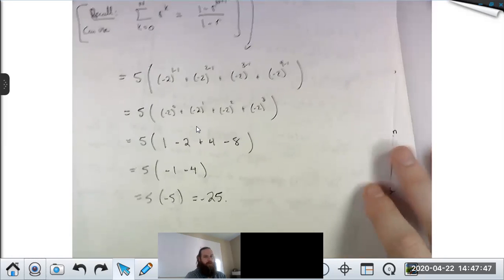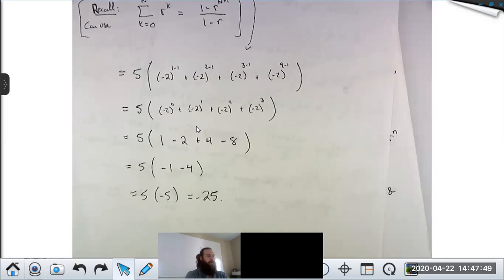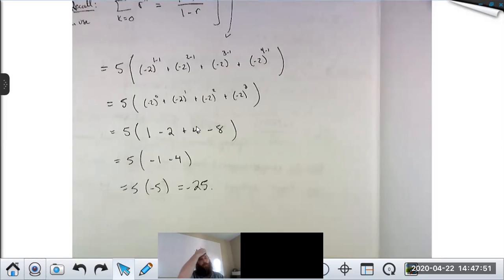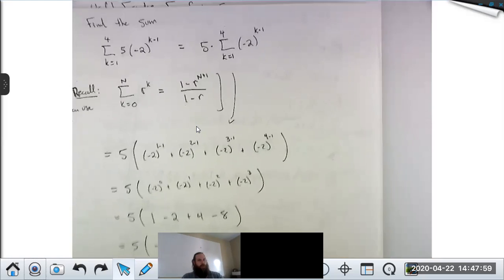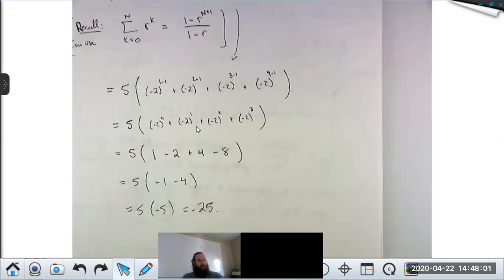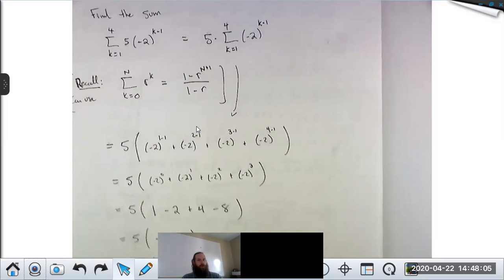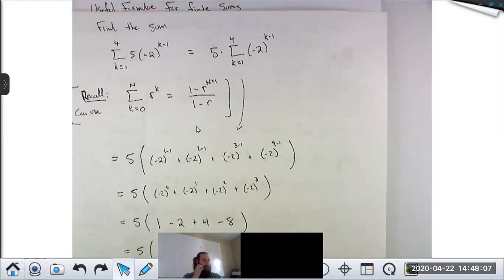Right, so this is the approach that feels most natural to me for this particular problem because that sum is so short. But if this series ended at 400 rather than at 4, I would not want to do it this way, right? That would take far too long. So how could I have made use of that formula?